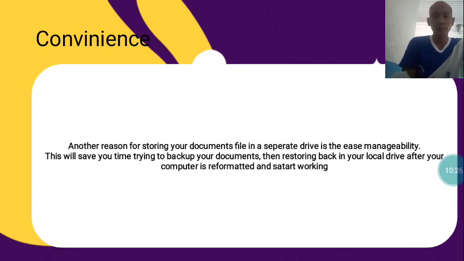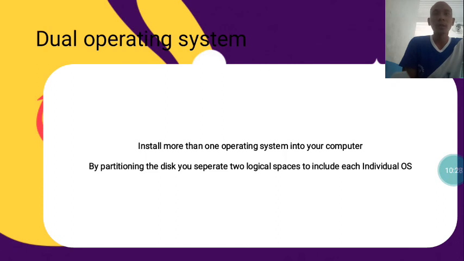And then next, dual operating system. Install more than one operating system into your computer. By partitioning the disk, you separate two logical spaces to include its individual OS. This can be a combination of operating systems.